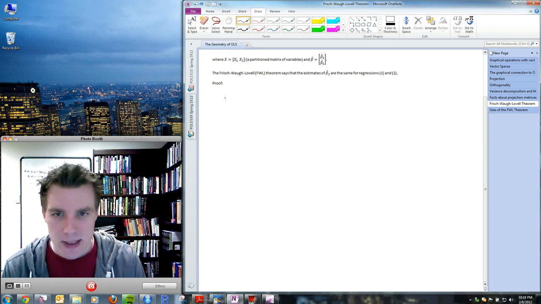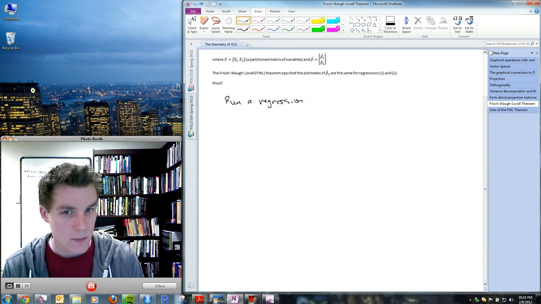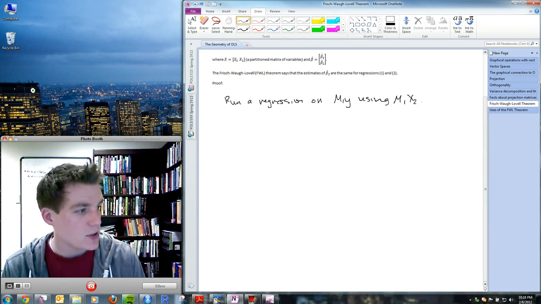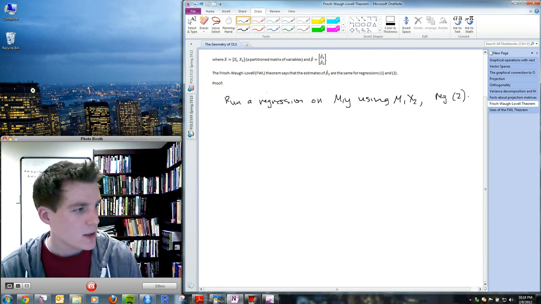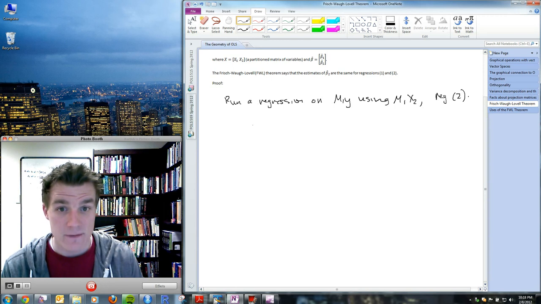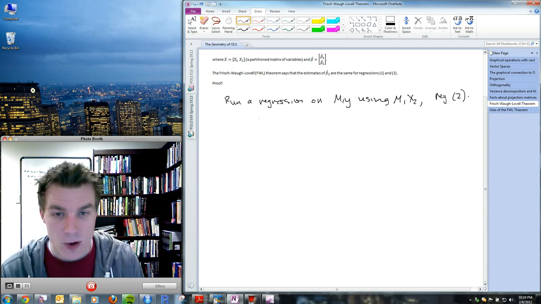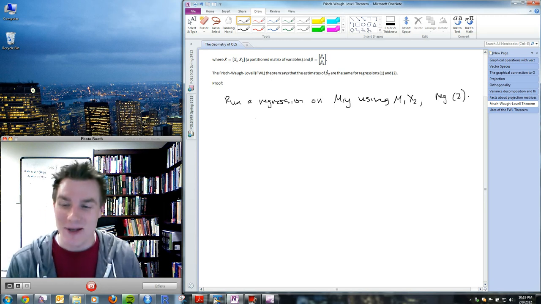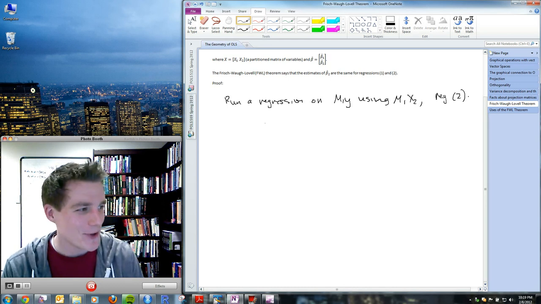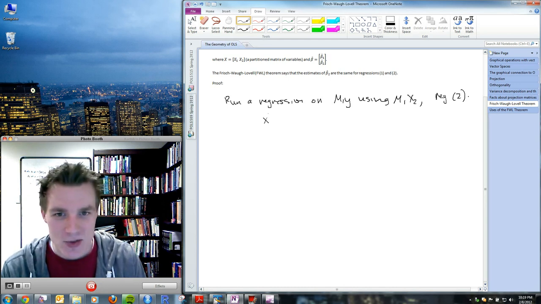So what I'm going to do is run a regression on m1y using m1x2, which is regression 2 in the statement above. Recall the formula you should have tattooed on your arm at this point: x transpose x inverse x transpose y.